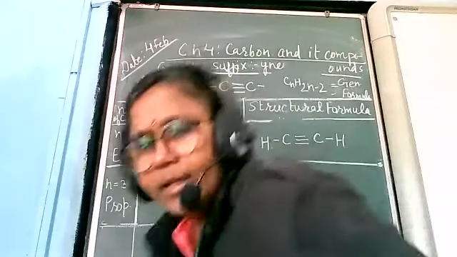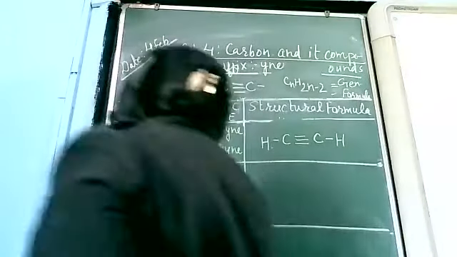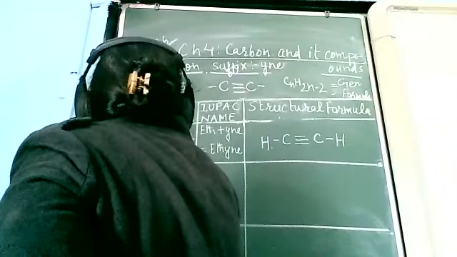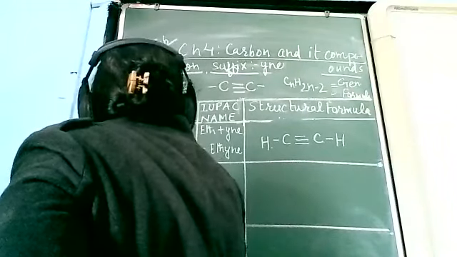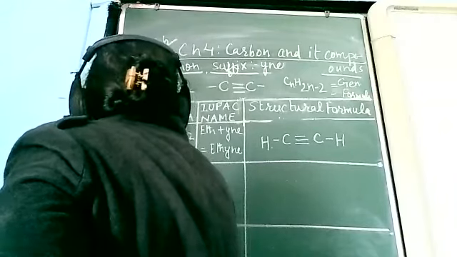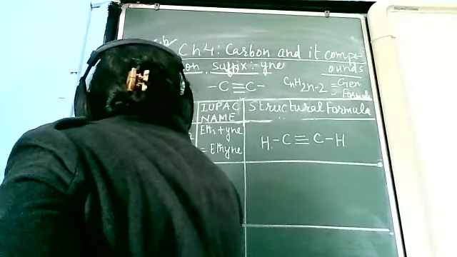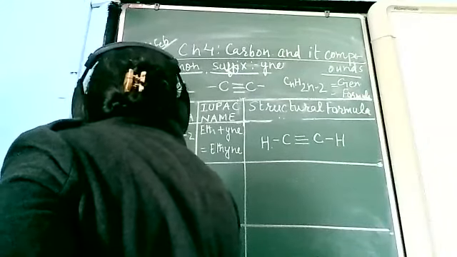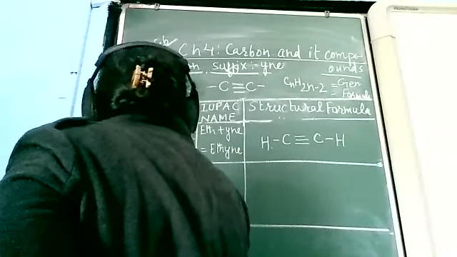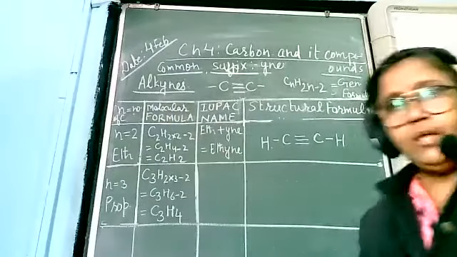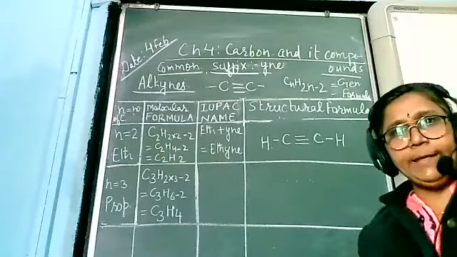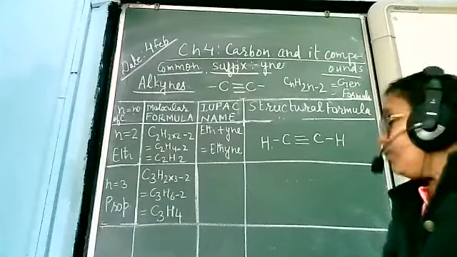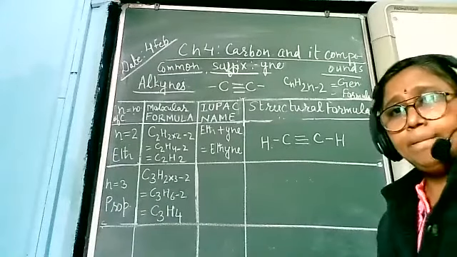That is n is equal to 3. So n is equal to 3, C3H6 minus 2 will be C3H4. Agree? Ishan, what will be the name of this compound, beta?